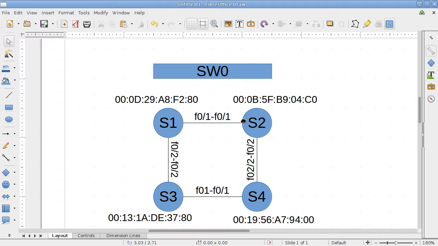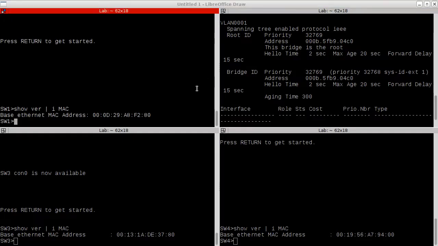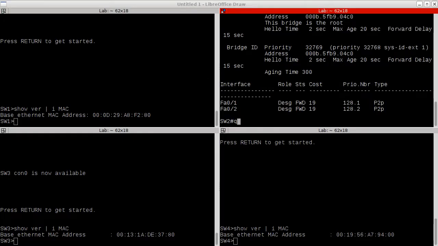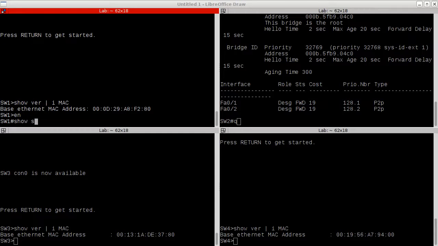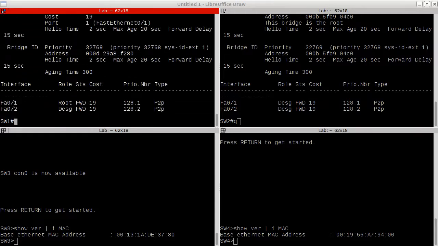Now since this bridge is the root, these should be forwarding here, and I think they're called designated ports. And then on each switch, the path that it uses to get back to the root is a root port. So let's see here. Yeah, so these are designated ports here. And this Fa0/1 is a root port to get back.